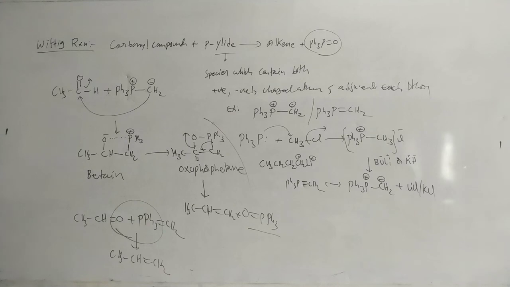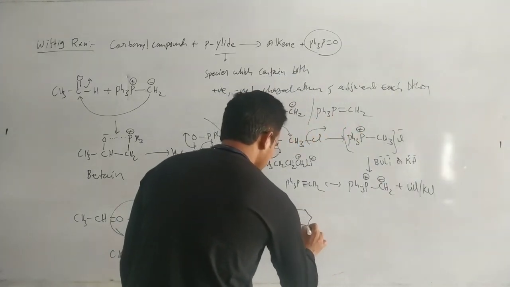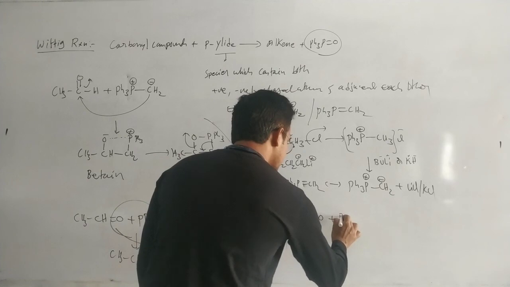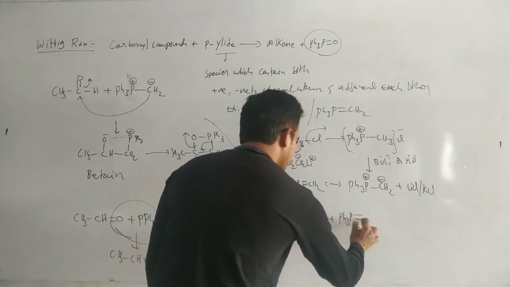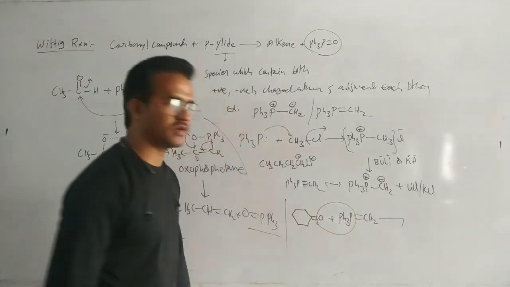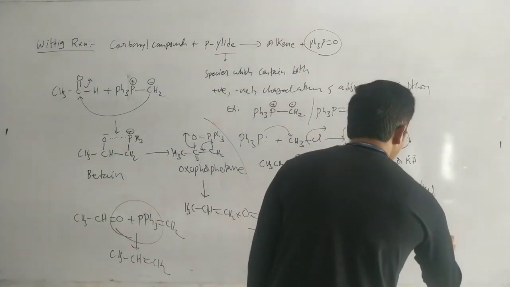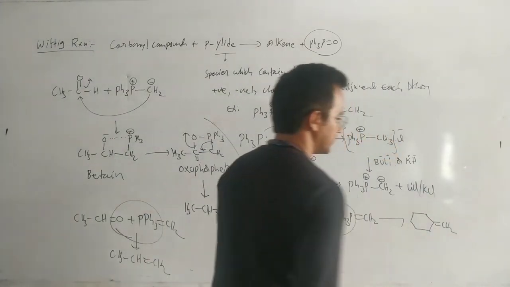Suppose this is a cyclohexanone. This one on treating with this phosphorus ylide, just removal of this phosphorus oxide and you will get the CH2. That is the product.